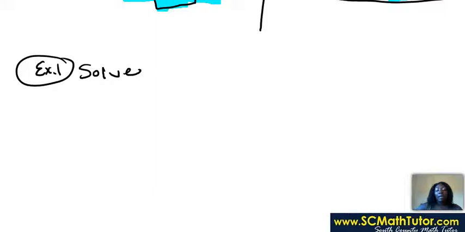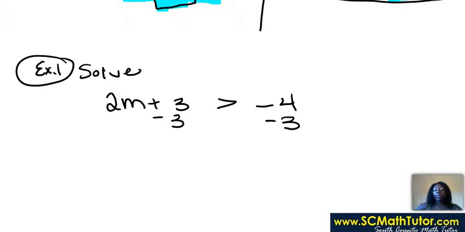Example 1. I want you to solve 2m plus 3 is greater than negative 4. Subtract 3 on both sides. To get rid of plus 3, you do the opposite of addition, which is subtraction, to make this a 0.